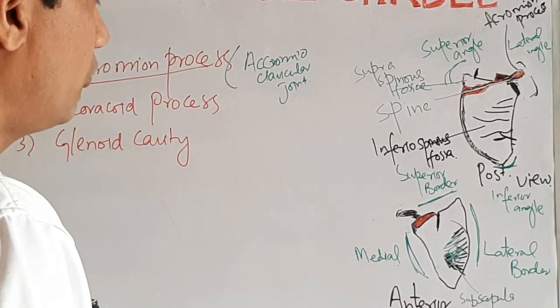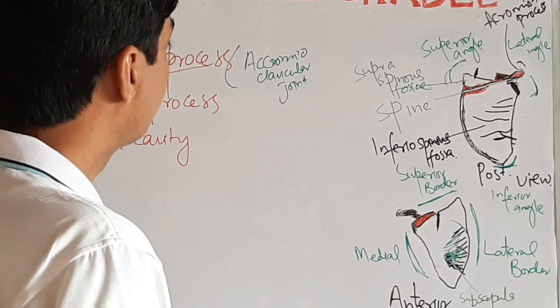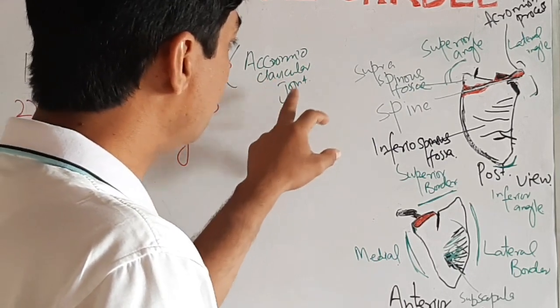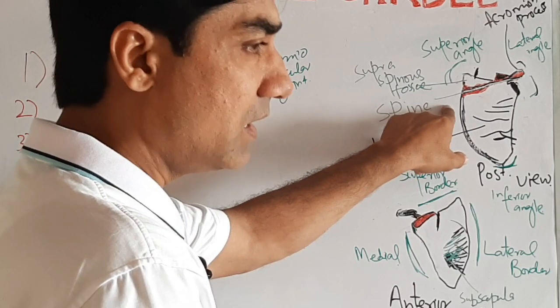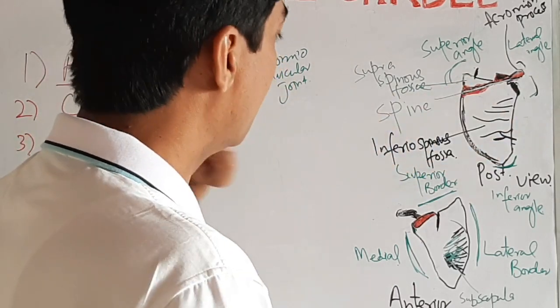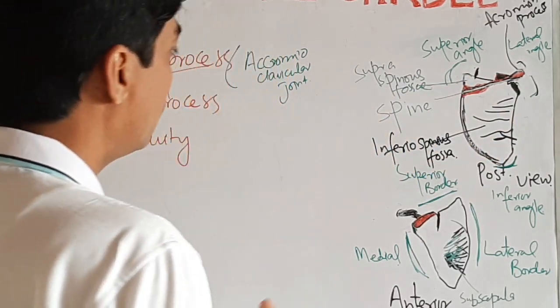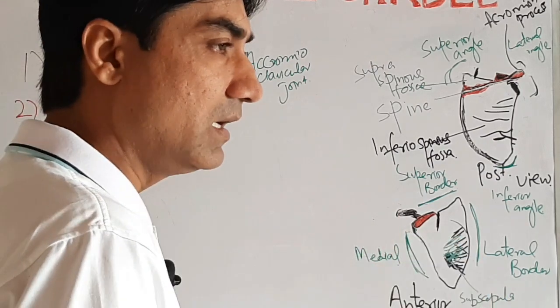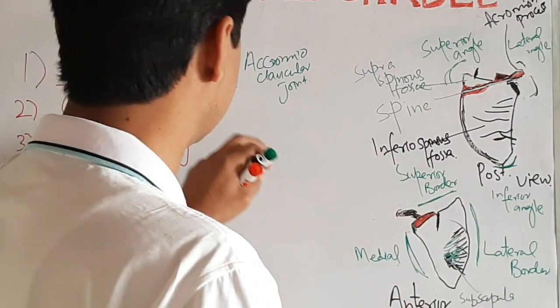This is the sole point of articulation of the scapula with the clavicle, and it articulates the appendicular skeleton with the axial skeleton.